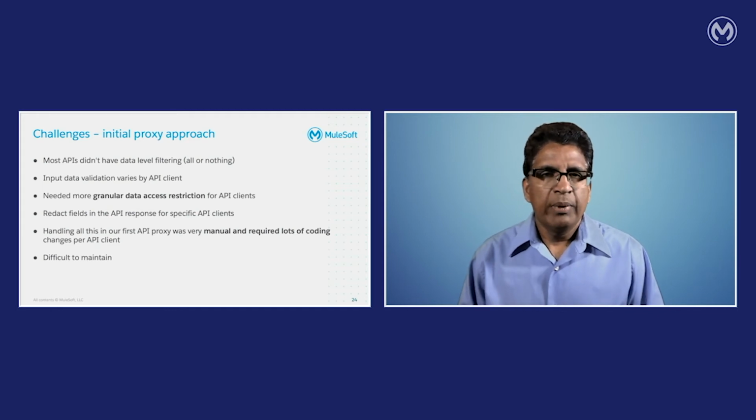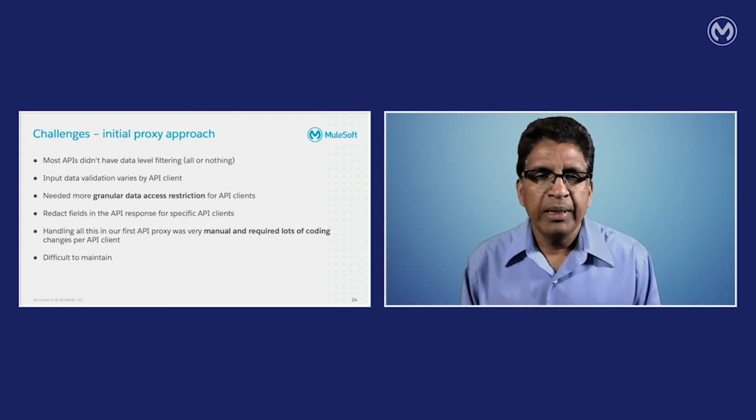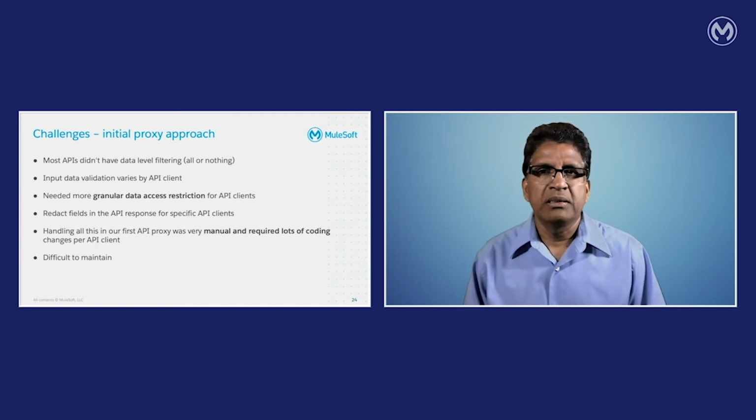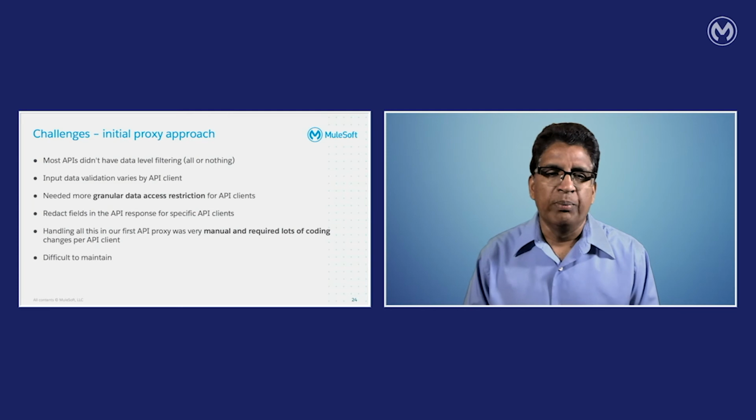There is a lot of demand for using these APIs, but there are pain points. They felt it was taking more time for them to start using these APIs. That made us think through this process and come up with an idea that should be faster and easier to maintain.